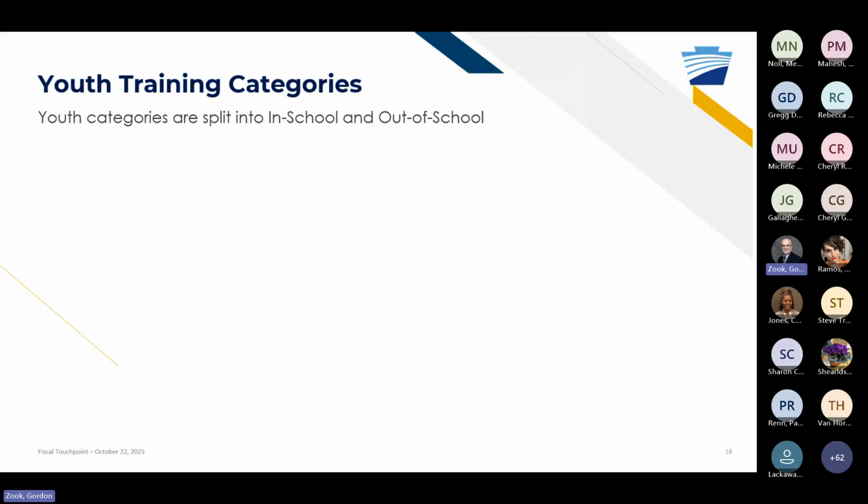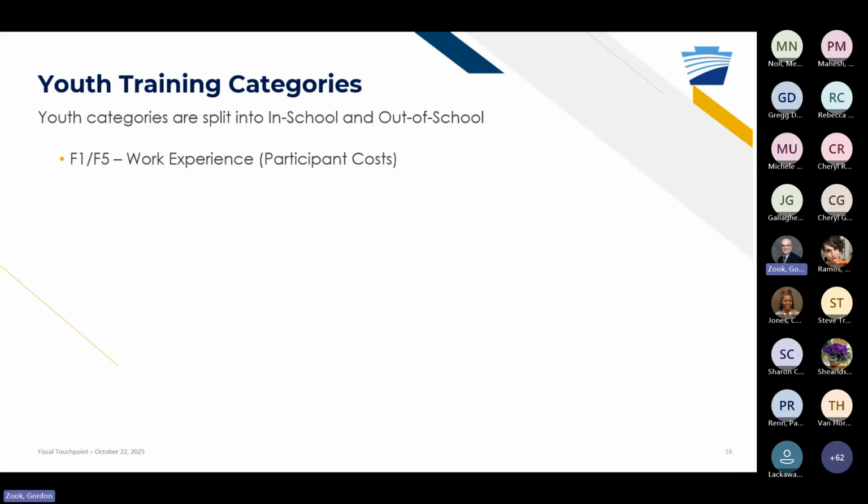We do have to report separately to USDOL on the expenditures for in-school youth and out-of-school youth, and there's a requirement that 80% of your youth funds are spent on out-of-school youth. We also report to USDOL on work experience. So it's important that you use the proper categories when you report these expenditures.